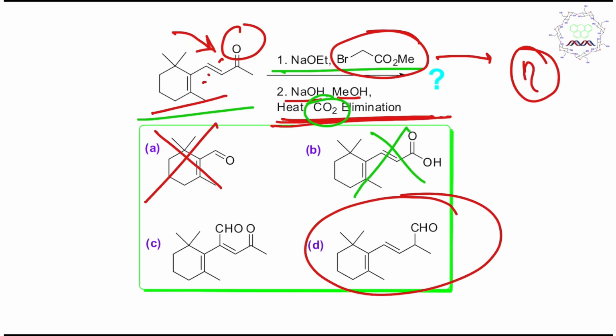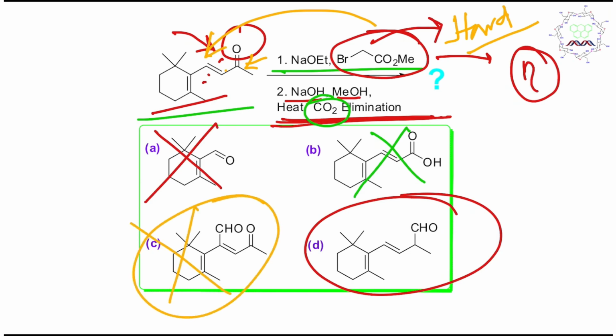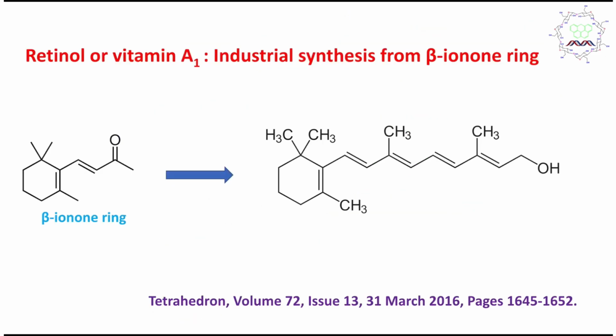Just a simple thing, this nucleophile, this carbanion, is hard in nature, so it will attack this carbonyl group, not the beta carbon. So that's why this option is also gone and the right answer remains. This is a little tricky, but with proper practice and study you can come to the right answer very fast.